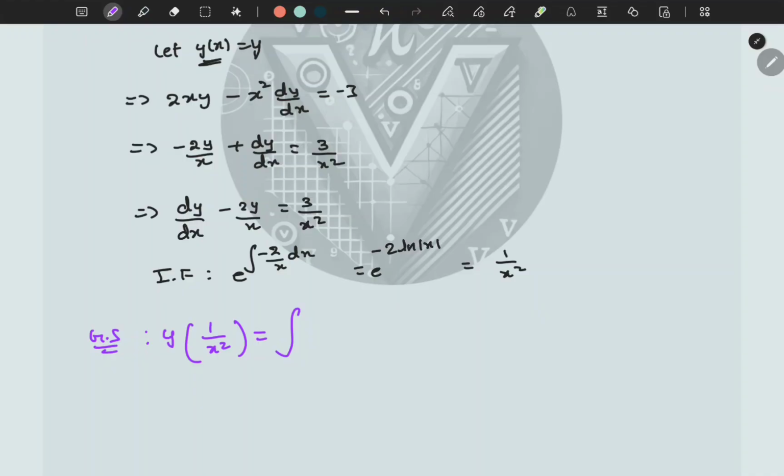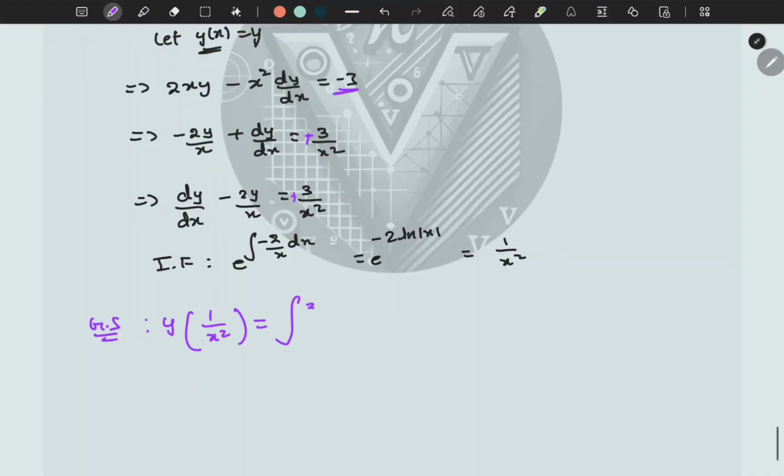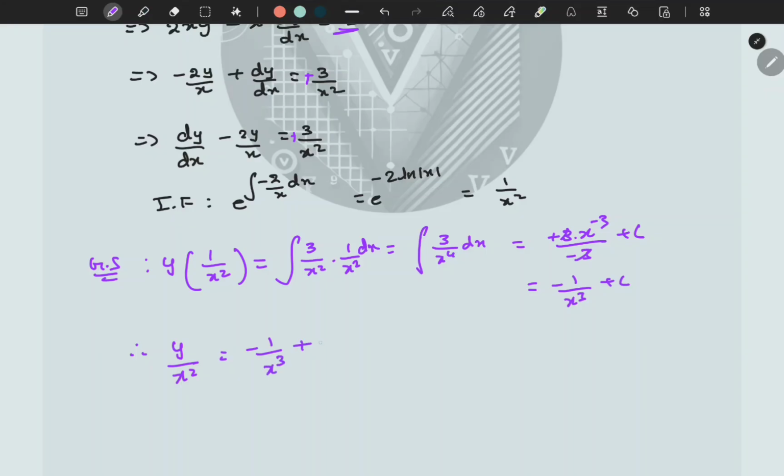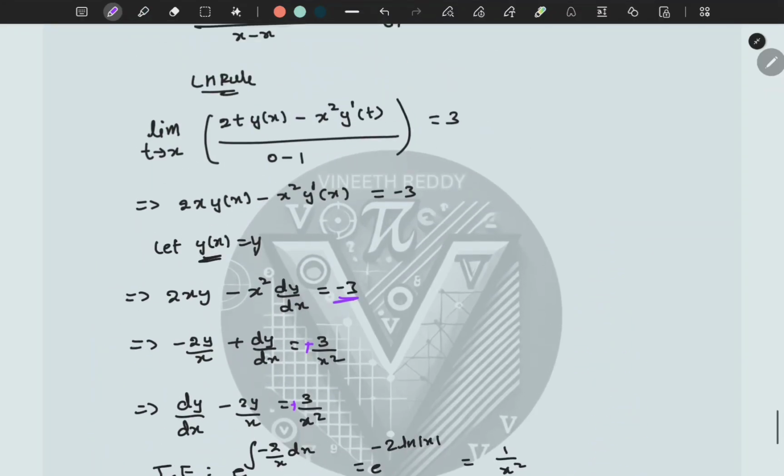The right hand side should be plus 3/x², because we already have a minus 3. So 3/x² into 1/x² gives the integral of 3/x⁴ dx. So this is 3 into x^(−3)/(−3) + c. So we get y/x² = −1/x³ + c, right? Okay, I hope you are with me.